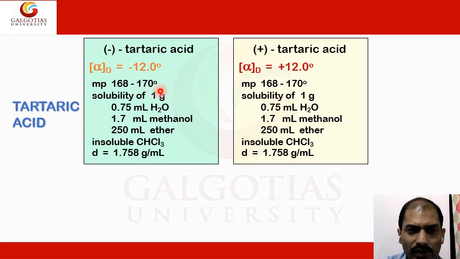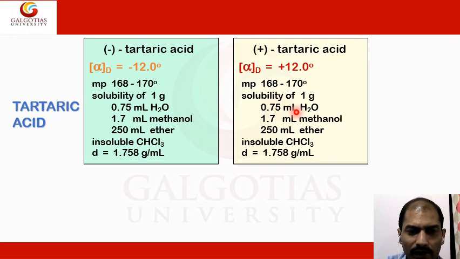The melting point is almost similar here, but with respect to plane polarized light, one rotates to the left hand side and the other to the right hand side. Solubility is 1 gram in 0.75 ml water, so solubility is also similar. You can see the properties are almost similar: 0.7 ml methanol, and 250 ml ether.